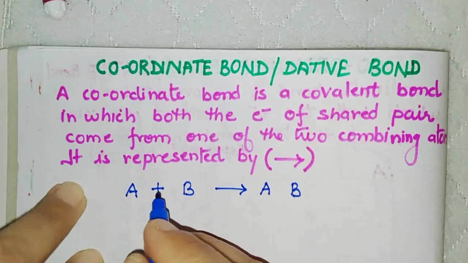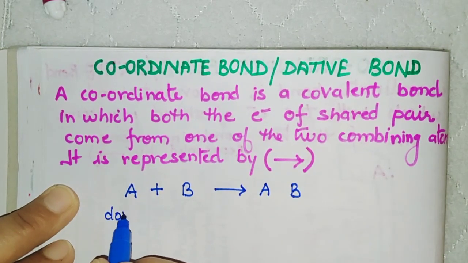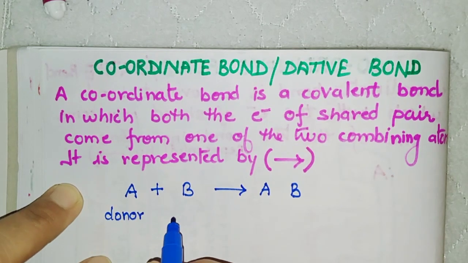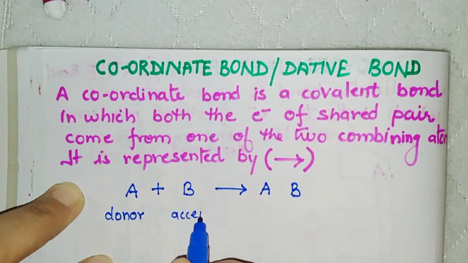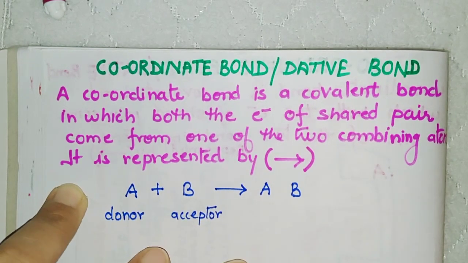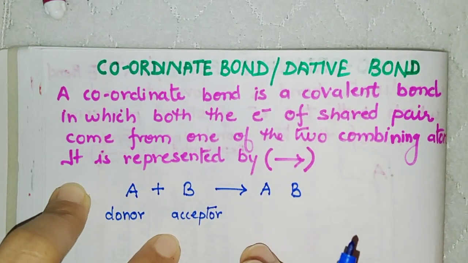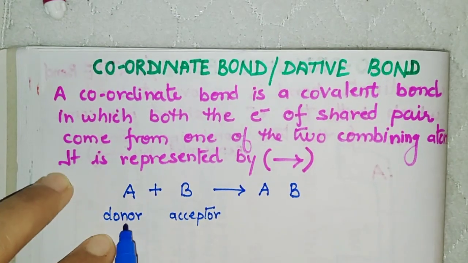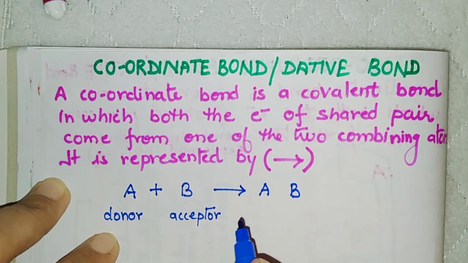A is a donor atom, and B is the acceptor. Already I have told you that the shared pair is contributed by only one of the atoms. So this is the donor. Now what is the condition?